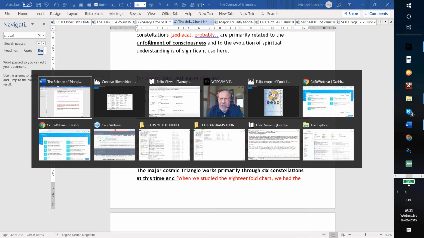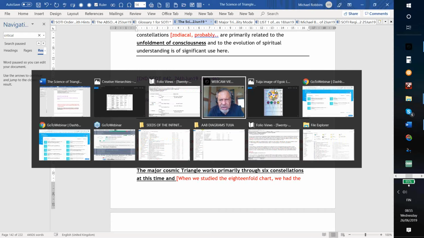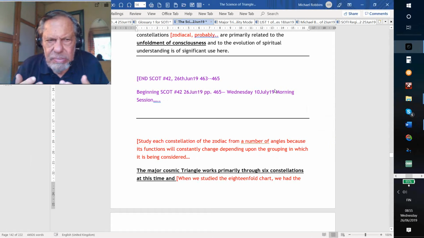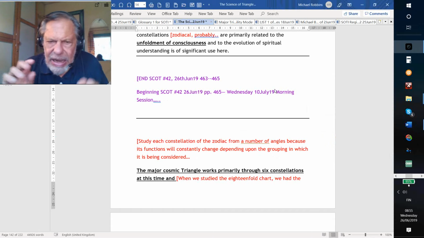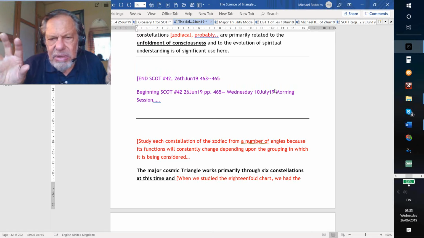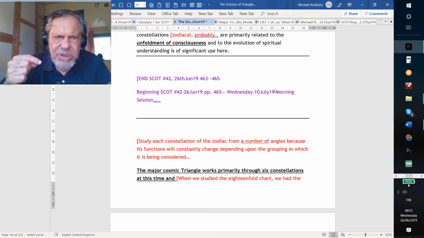Okay, friends. So, some interesting material about who uses what kind of triangle, why they use the particular center, whether it's the emanating center, the evocative center, or the magnetic center, and how the evocative center and the magnetic center can be upgraded by the whole process.